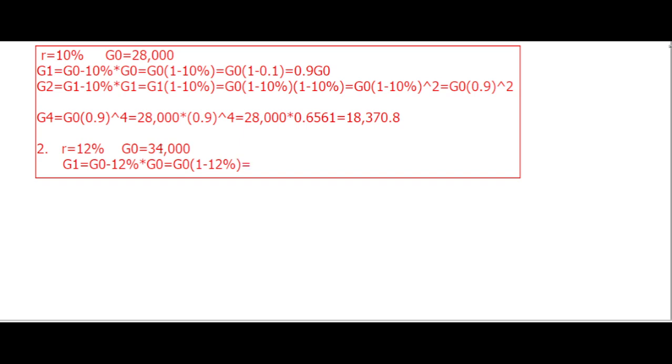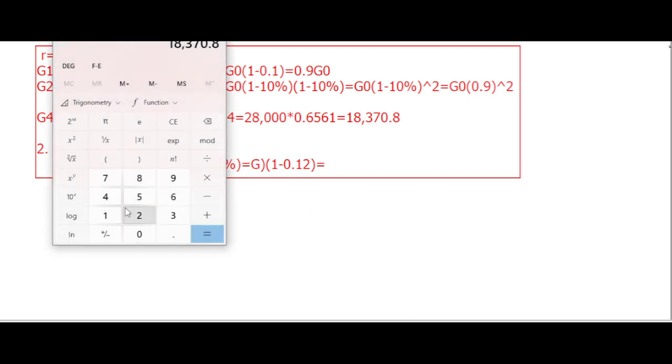This is equal to G naught times 1 minus 0.12. 12% is 0.12. 1 minus 0.12, let's subtract it, is equal to 0.88.